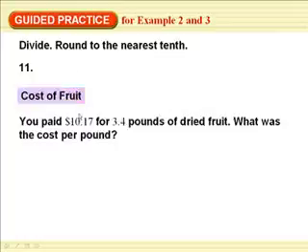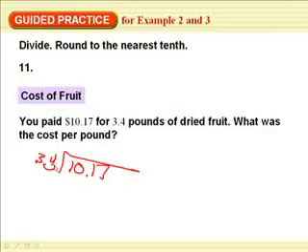Okay, one of the guided practice problems: you paid $10.17 for 3.4 pounds of dried fruit. What was the cost per pound? So you take the cost and divide it by the pounds. Over 1, straight up. That's going to go in there 3 times, 102. Oh, shoot. 102. 2 carry the 1.